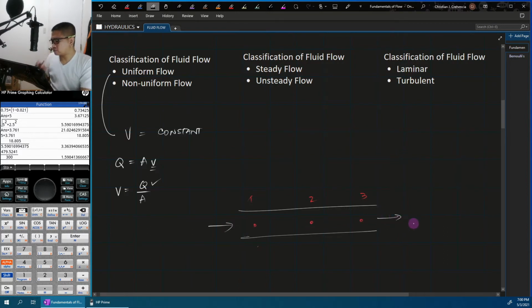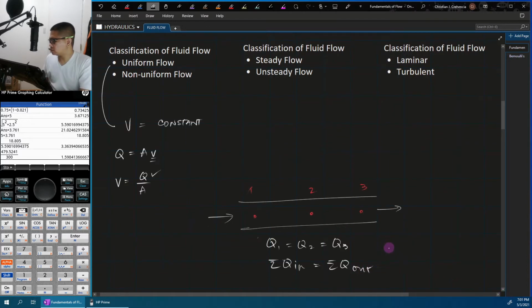So that is actually yung continuity equation. Q1 is equal to Q2 is equal to Q3. Kung ano yung pumasok, yun din yung lalabas sa kabilang side. Or basically the summation of Q in must be equal to the summation of Q out. Again, that is yung continuity equation.